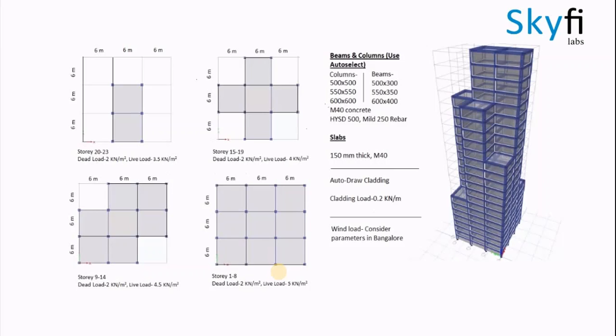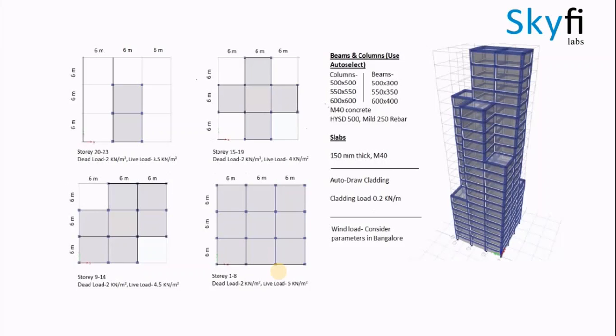Today I will be designing a tall building in ETABS with the following parameters. We have 4 sets of similar stories which you can see on your screen. Similarly, we will be selecting the auto select options for beams and columns, which basically means that first ETABS will select the sections of a smaller size, and if the sections cannot pass the design check, it will automatically increase the section itself.